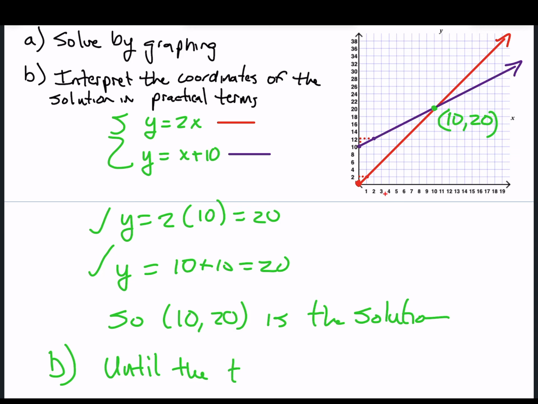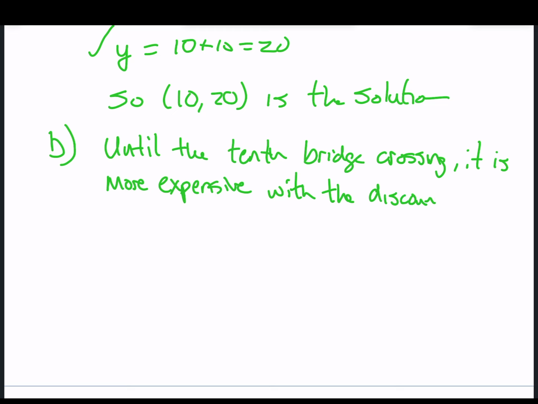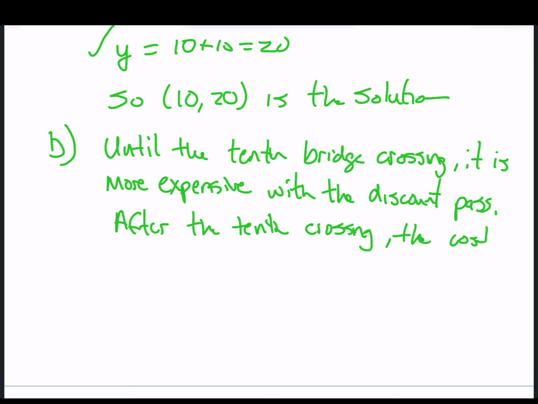So until the 10th bridge crossing, it is more expensive with the discount pass, but after the 10th crossing, the cost is less with the discount pass.